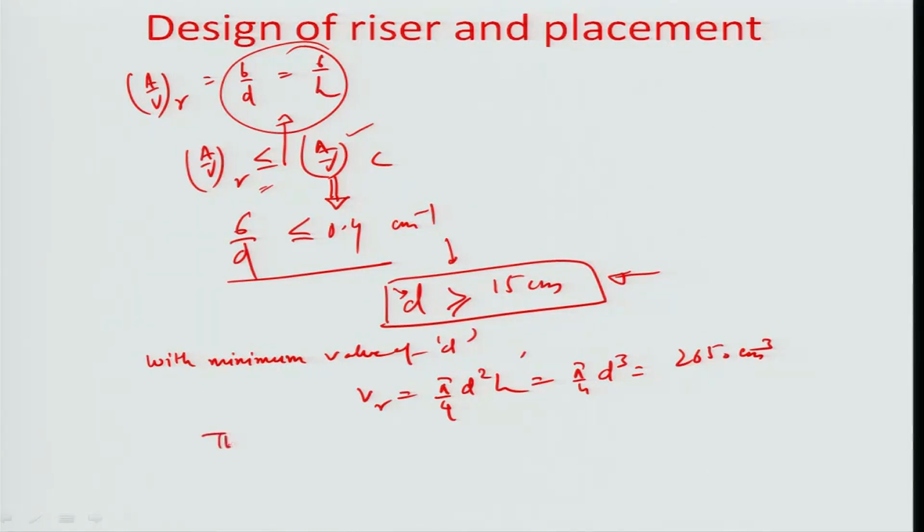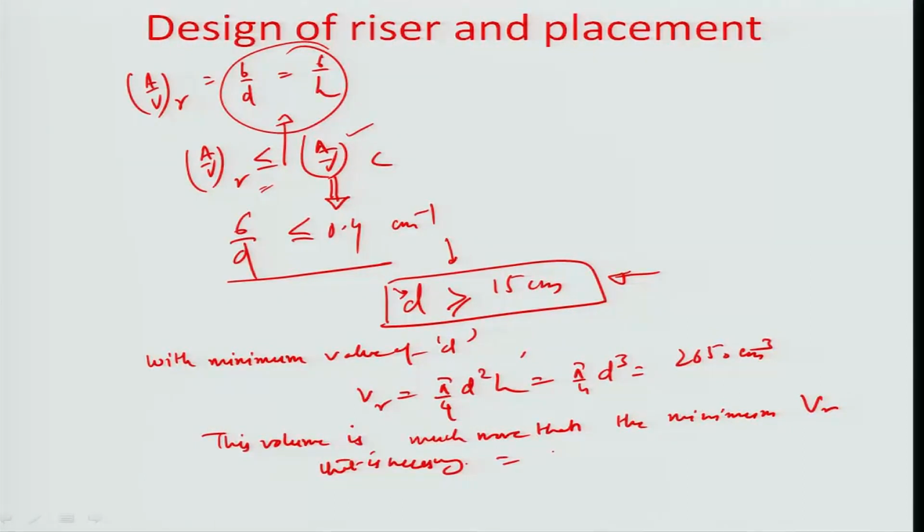Now, this volume is much more than the minimum volume of the riser that is necessary, and you have already seen that that volume is equal to 6.5%, and 3 times of that amounts to about 658.2 centimeter cube.